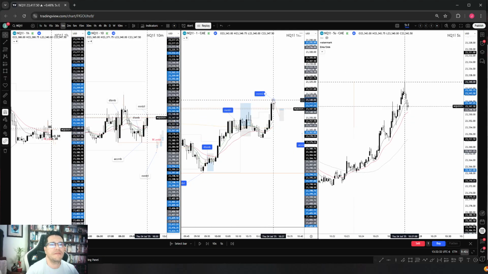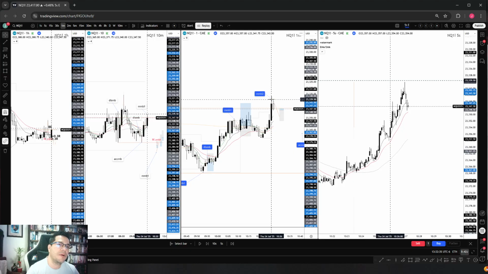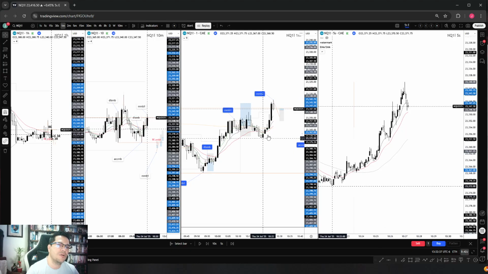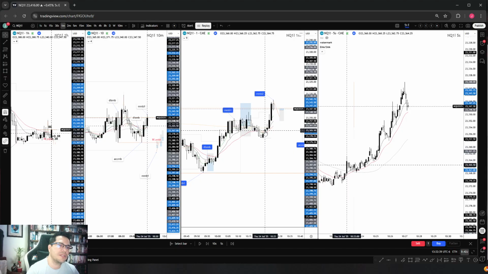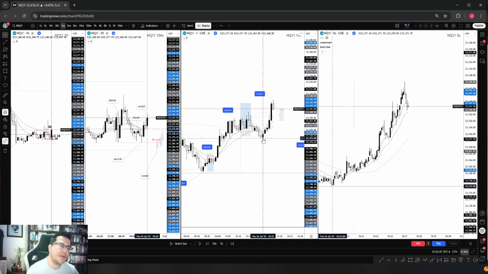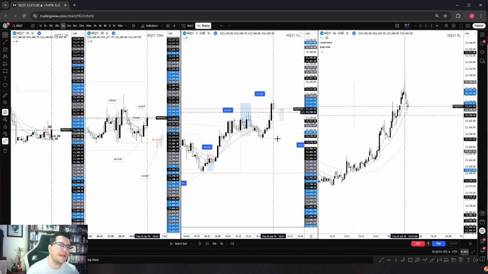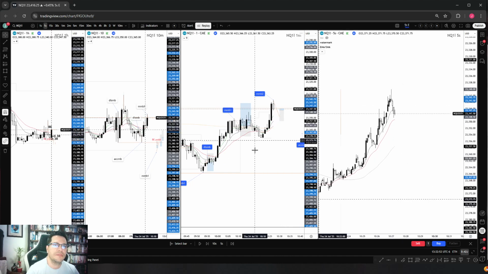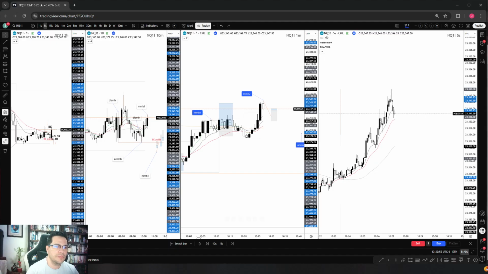So this is why I have up here marked as MMB2, because I don't consider this was a stage 1 into 2, more just a flush and a reaction from there, even though price went a little bit below the EMAs, but right back up. So this was MMB2.